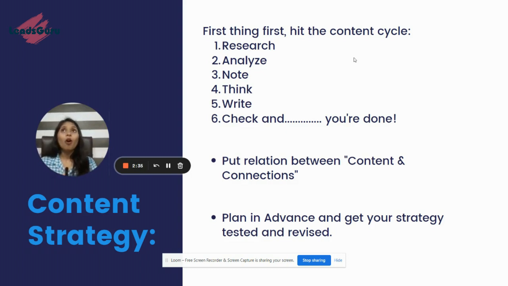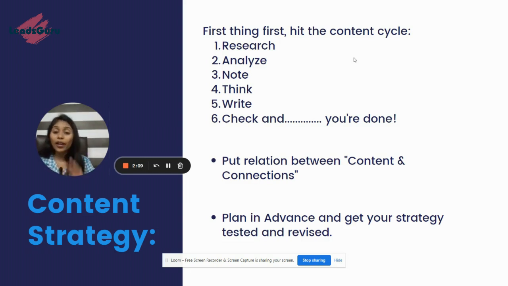For example, your competitors are sharing ABC type of content, then what unique thing can you do in this, right? Then take notes. The third thing is you need to make notes, write down what other people are doing and what ideas you can add in. Whenever you research and analyze, you will get ideas automatically. So make notes, have a pen and paper with you to immediately write down those notes.